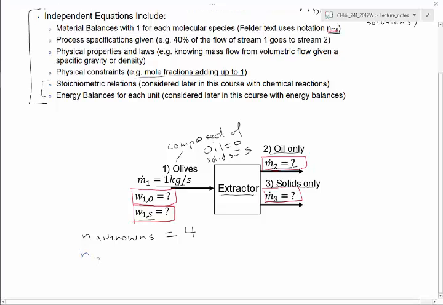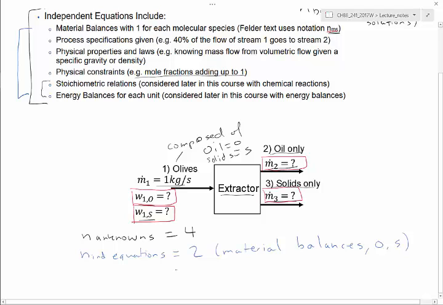My number of independent equations, I'm going to split up based on what we see up here. And so I have 2 material balances. That's on oil and on solids.